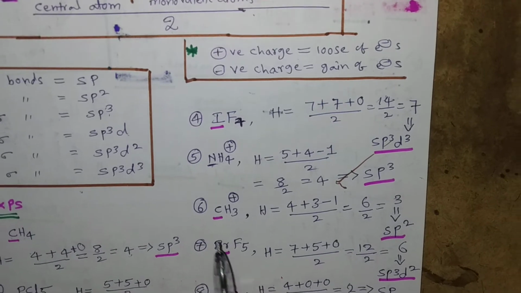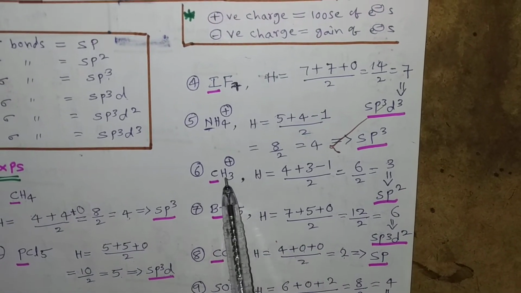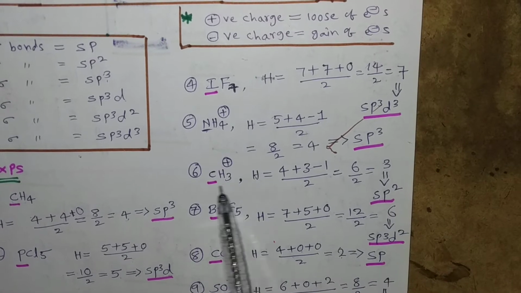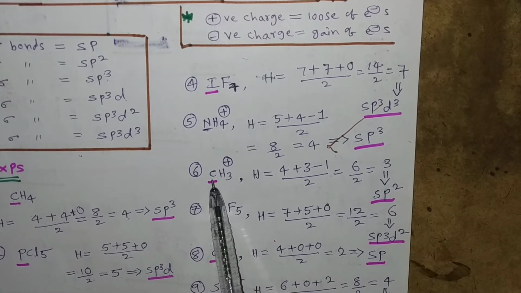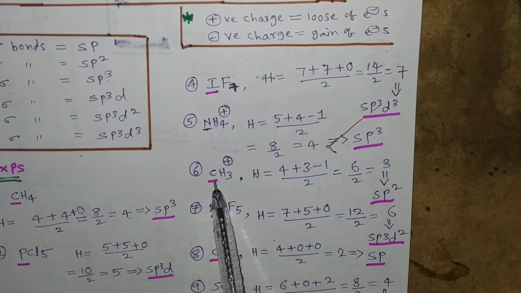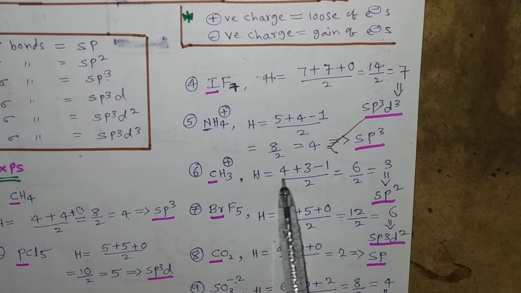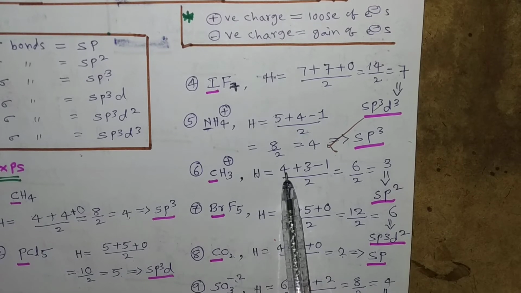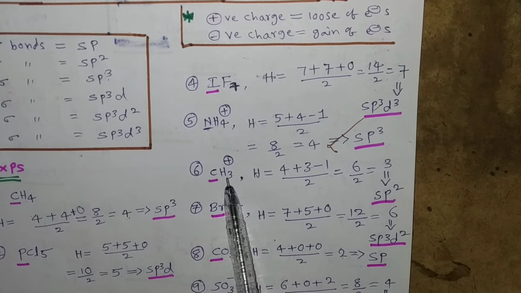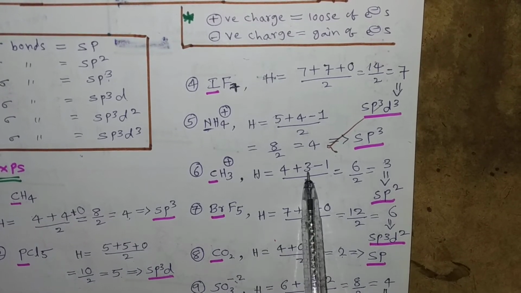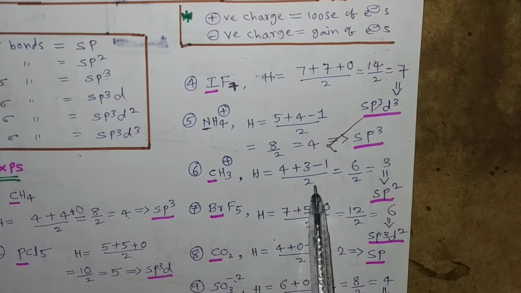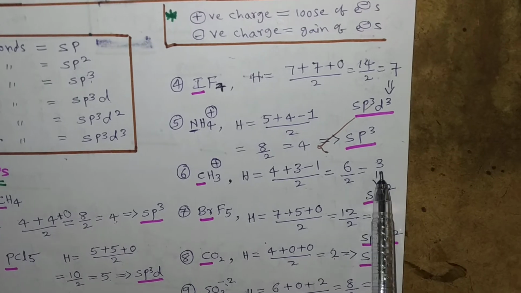Next example, methyl cation. In this ion, carbon is the central atom. Carbon belongs to the 4A group in the periodic table. So group number 4 plus monovalent hydrogens 3 and positive charge 1 means remove 1 electron, minus 1 by 2. 6 by 2, 3.